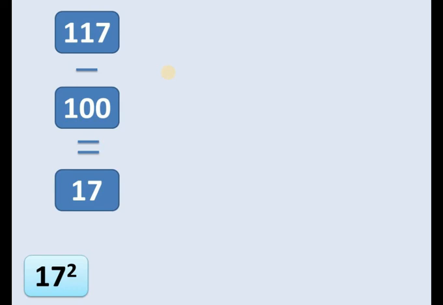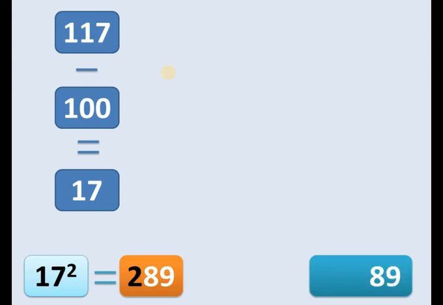Let's do one more. This time, we will calculate the square of 117. Now the difference is 17. 17 square is 289. Again, the 89 will be the first part of our answer and 2 will be the carryover.